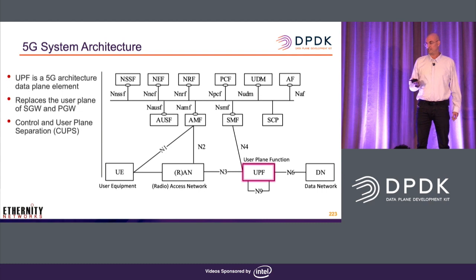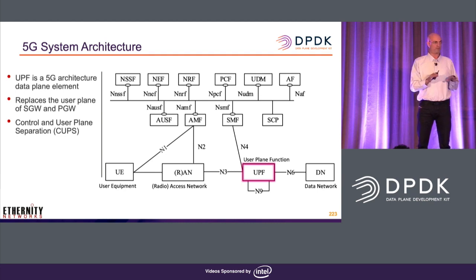Now they introduced SDN. SDN is a new concept for 3GPP. They introduced it in release 13. And instead of SDN, they called it CUPS, Control User Plane Separation. So they split the SGW and PGW, into two entities. One is the SMF. SMF, you can look at it as the SDN controller.